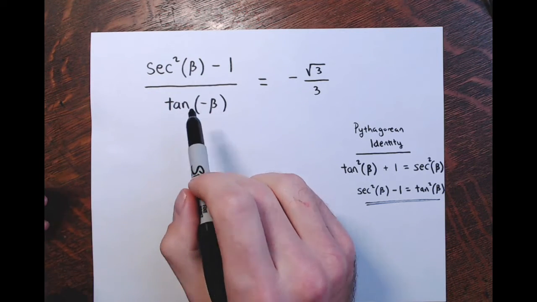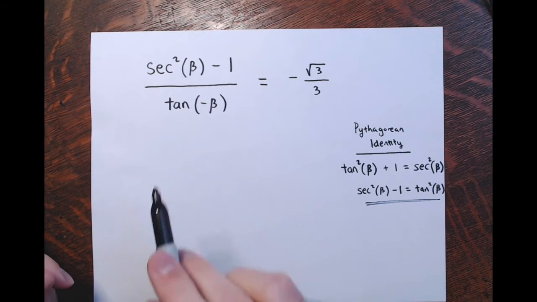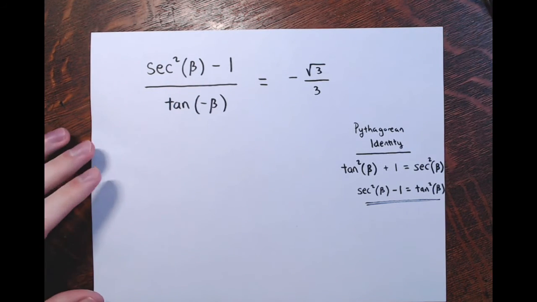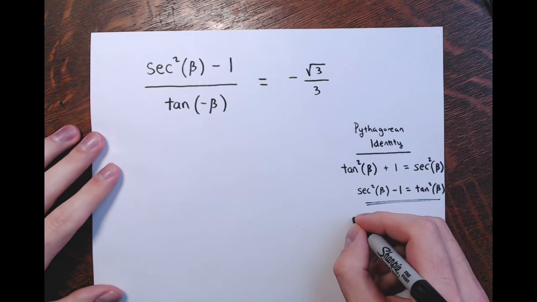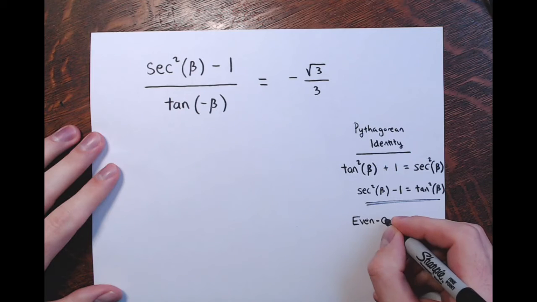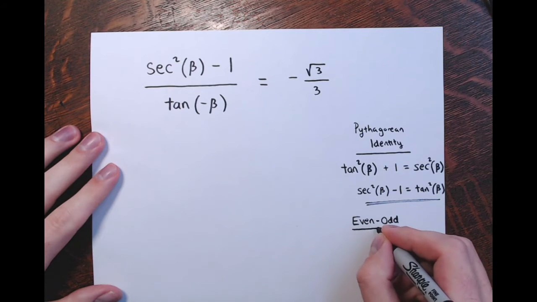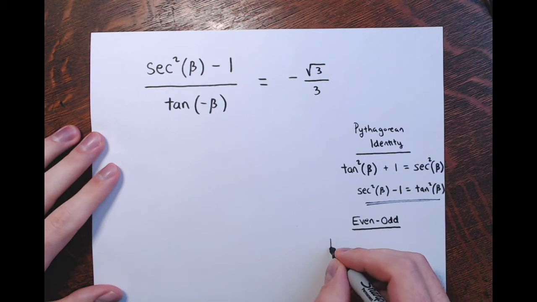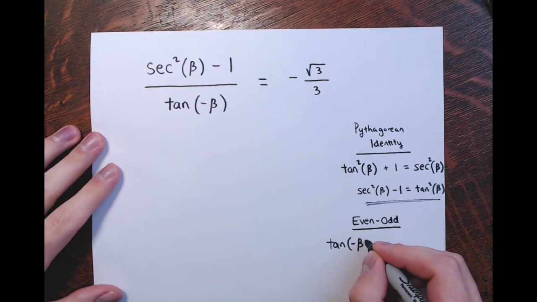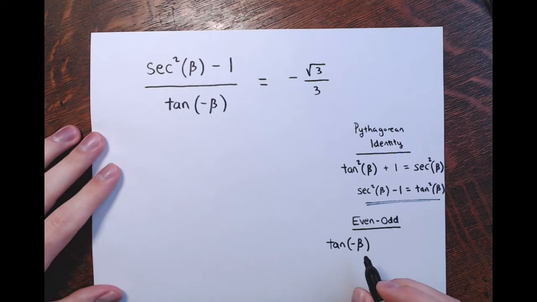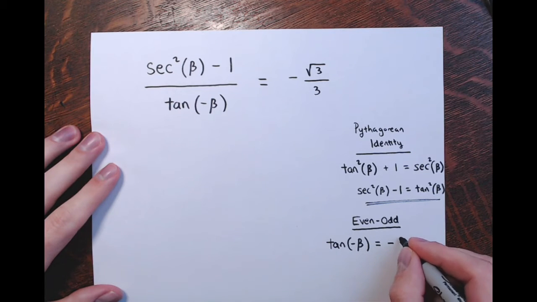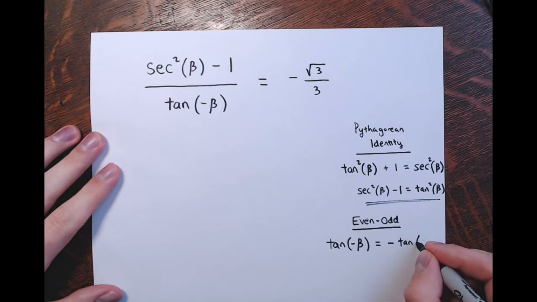But hopefully, again, you recall how to rewrite an expression with a negative argument in terms of a positive argument. And that was with those even-odd identities. And again, the one in particular is the one involving tangent, right? The tangent was an odd function, meaning that the tangent of negative beta is just the opposite of the tangent of beta.